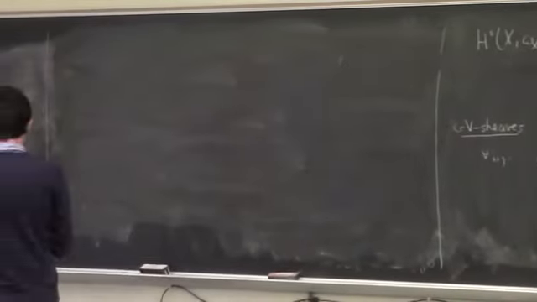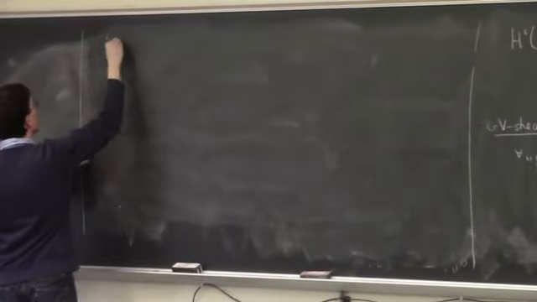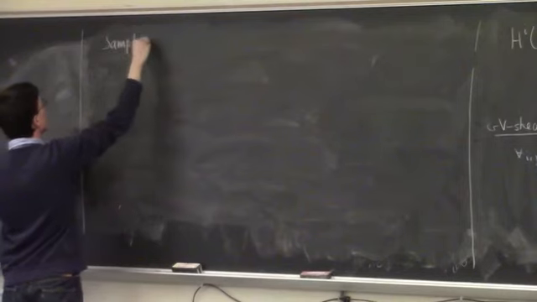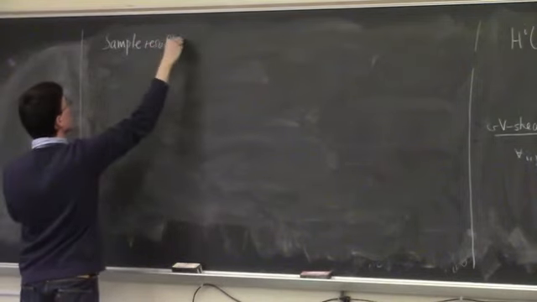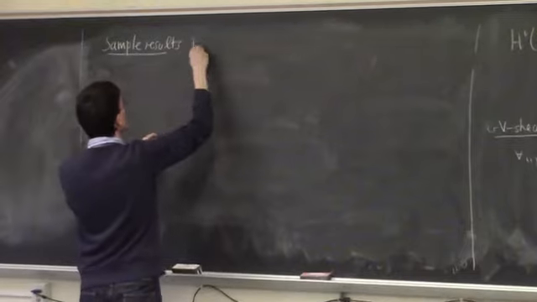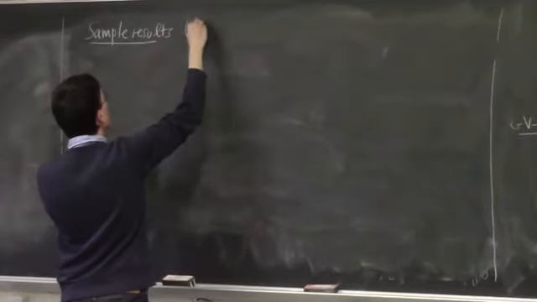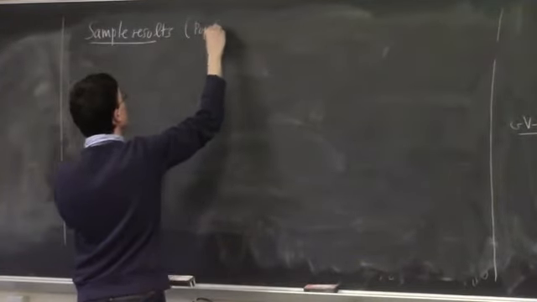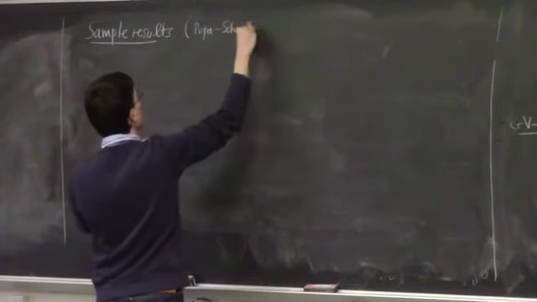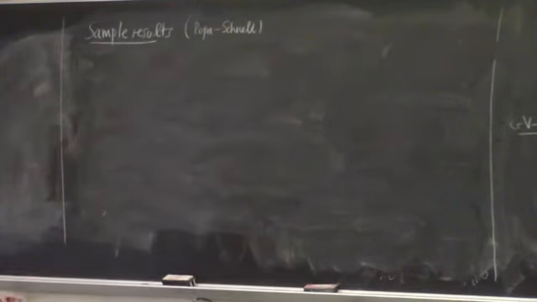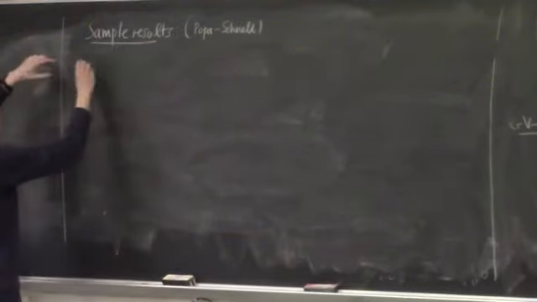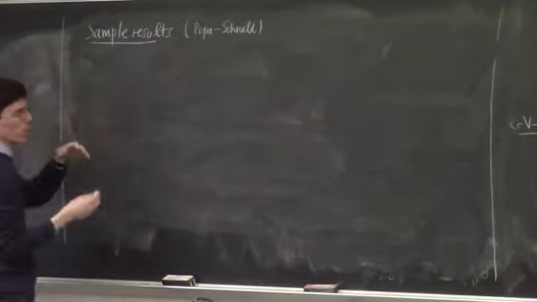So maybe I'll just tell you some sample results. Let's go in this direction, just so that you can see the analogy with the Lazarsfeld theory. This doesn't have to be the Albanese variety now.